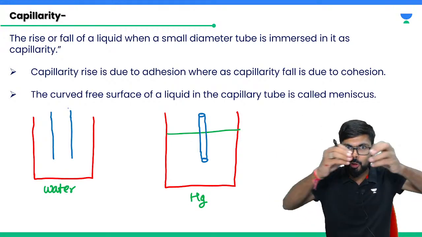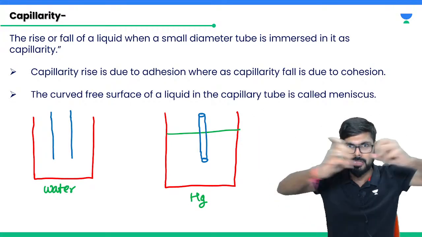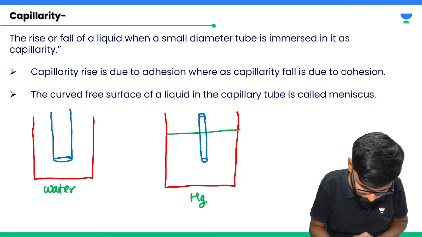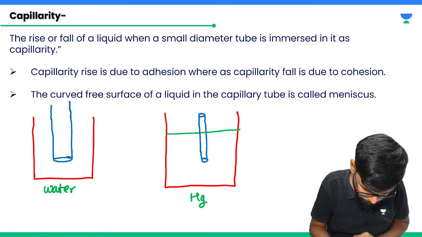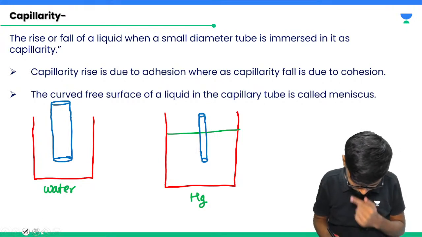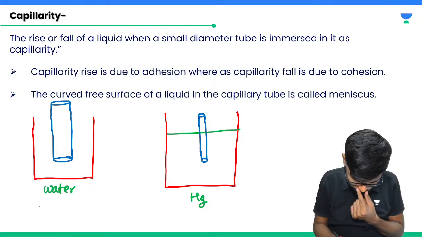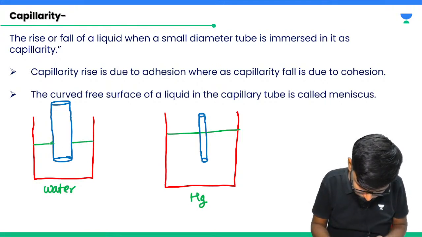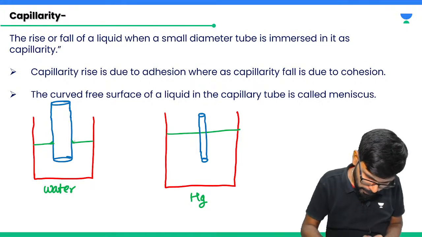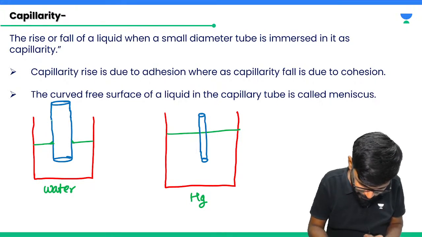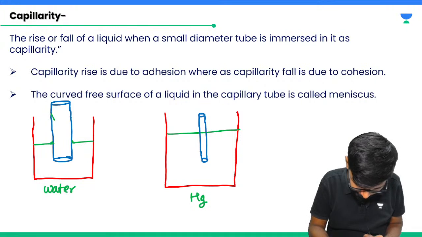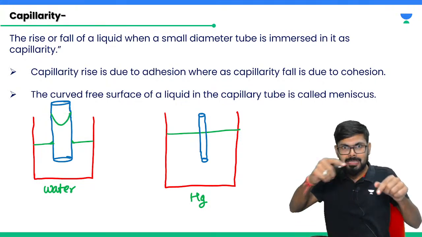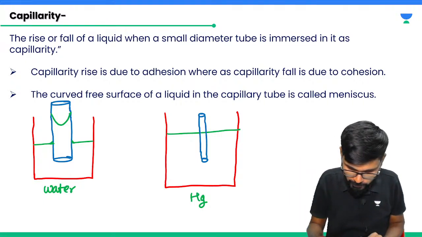मैंने zoom कर दिया. Tube जो small tube था ना, उसको zoom कर दिया, right? Then it will be something like this. ये water level है, right? Now it will rise, and when it rises, it will be something like this. Why it will be something like this, I will let you know, right?